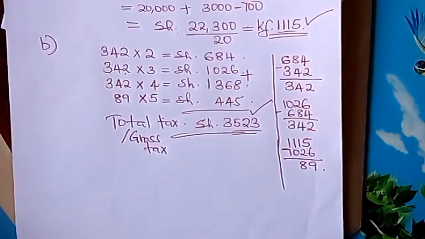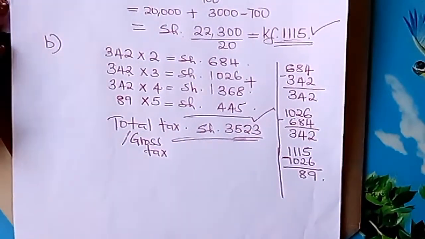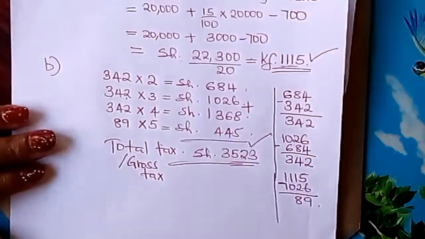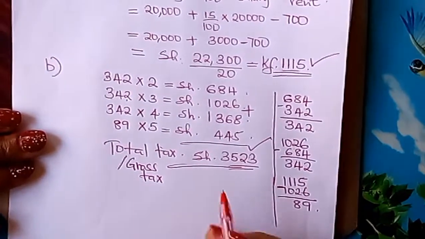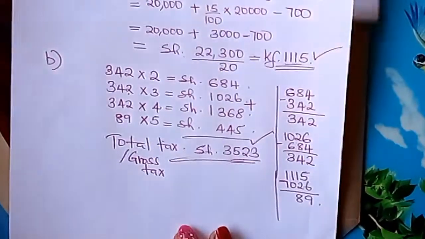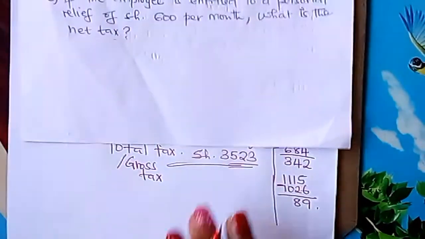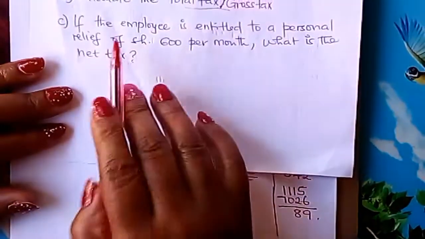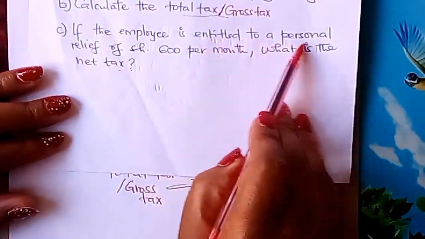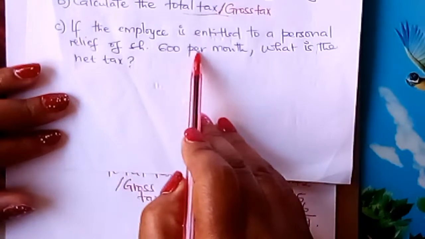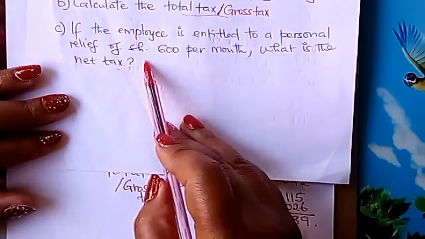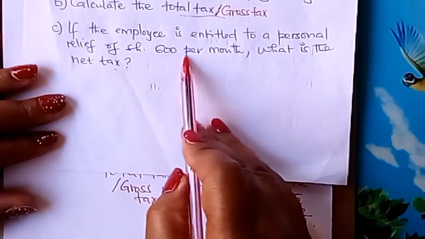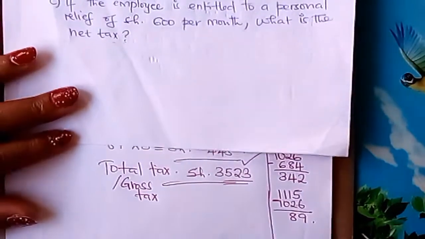All the reliefs are subtracted from the gross tax to get the net tax. So we take the personal relief and subtract it from the gross tax.